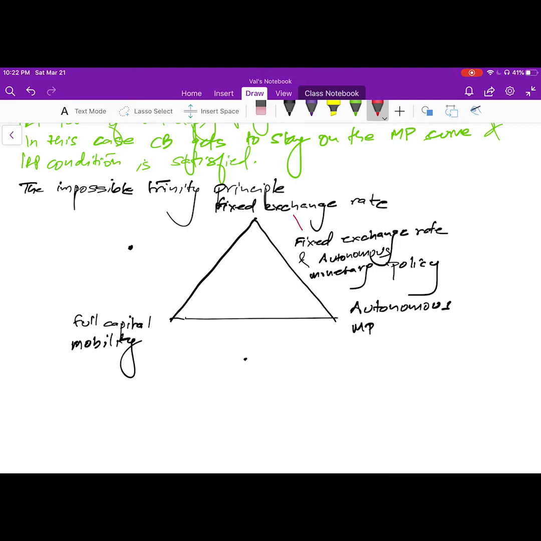Okay, so you get these two things. Here you get full capital mobility and autonomous monetary policy, but you don't get to control the exchange rate. So it's floating exchange rate. Of course, floating exchange rate essentially implies you can't control exchange rates.